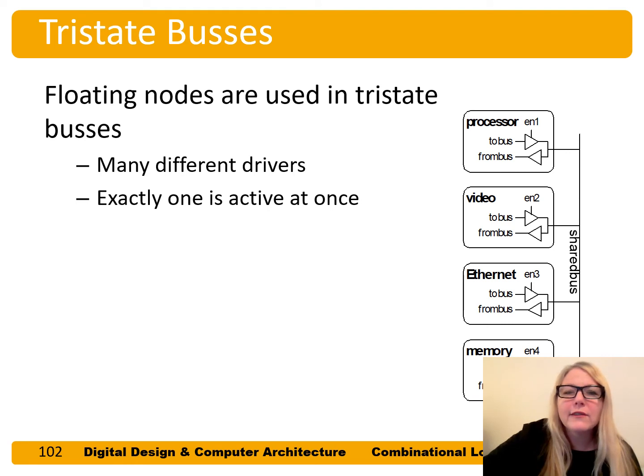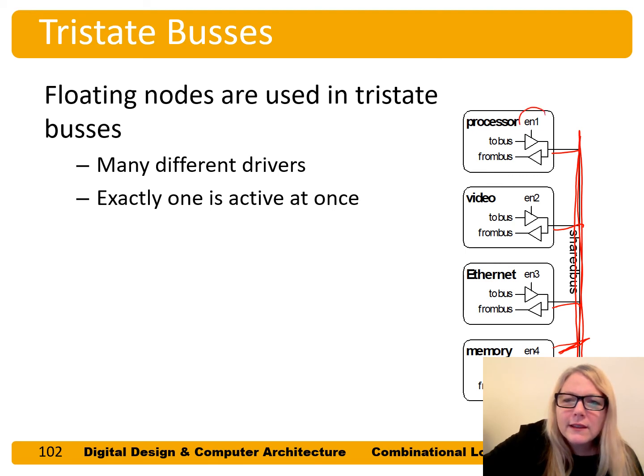Some uses of tri-state buffers are to drive or enable what are called tri-state buses. We could have, for example, a shared bus. A bus is just a group of wires. They're shared by a processor, video unit, Ethernet, and memory.